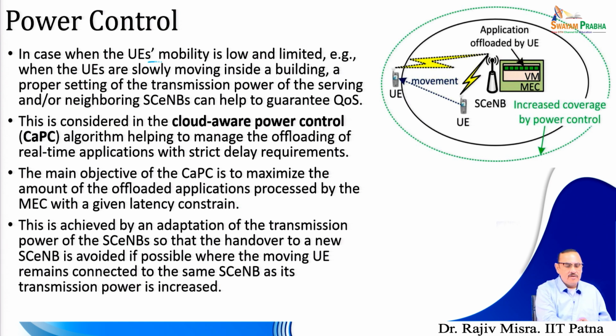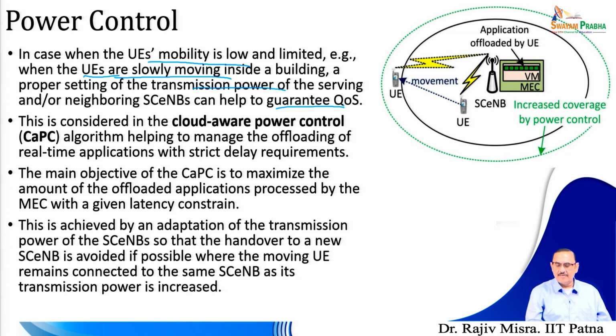So, in case of UEs, mobility is low and limited when the user equipment is slowly moving inside a building. A proper setting of the transmission power of the serving and/or neighboring SCNBs can help guarantee the QoS.